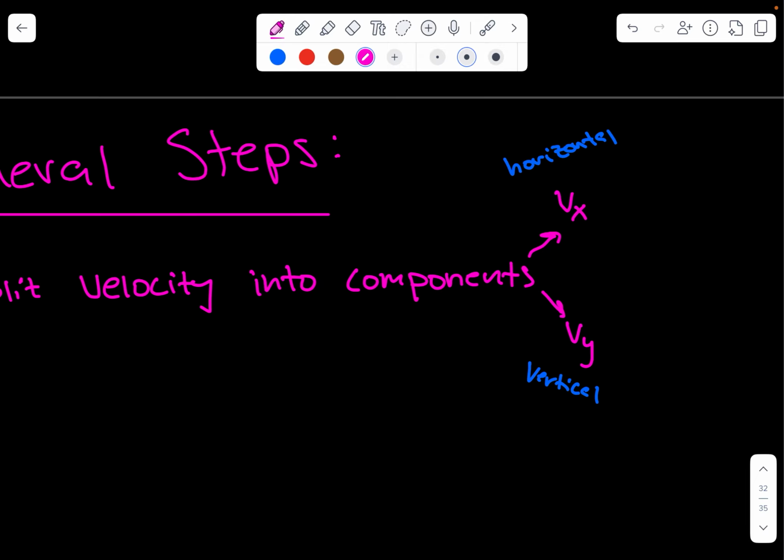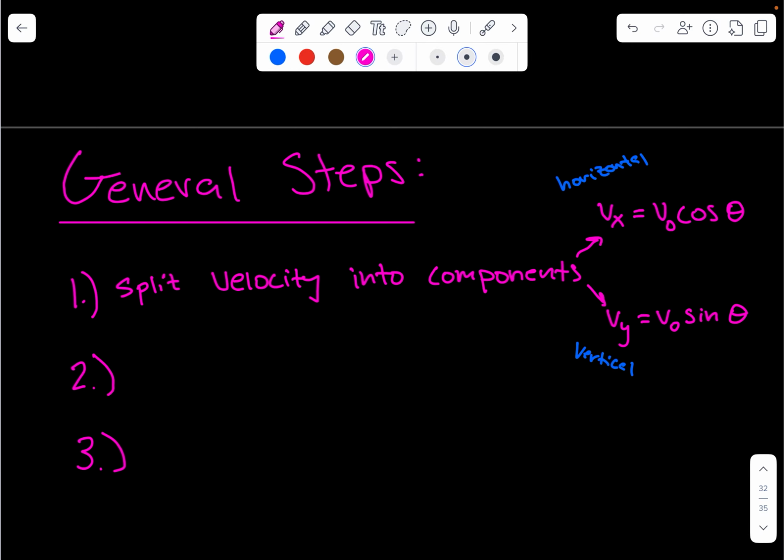Our Vx is usually written as V naught or V initial times cosine theta, while Vy is V initial or V naught sine theta.